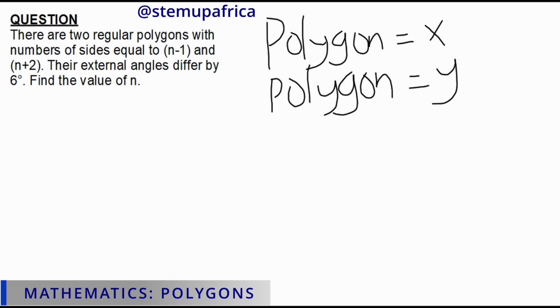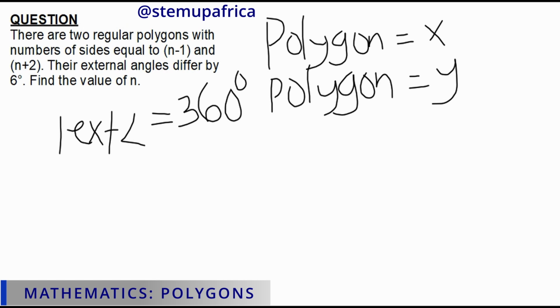So what is the relationship between external angle and number of sides in a polygon? The formula says one external or exterior angle is 360 degrees over n. Okay, so let's call these the external angles.